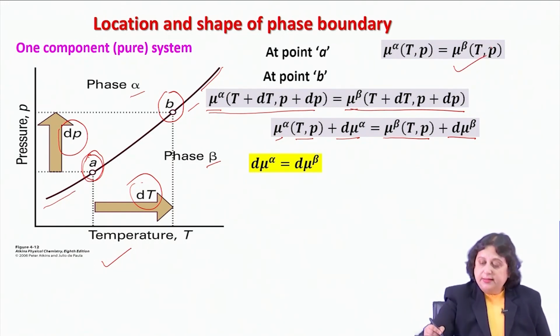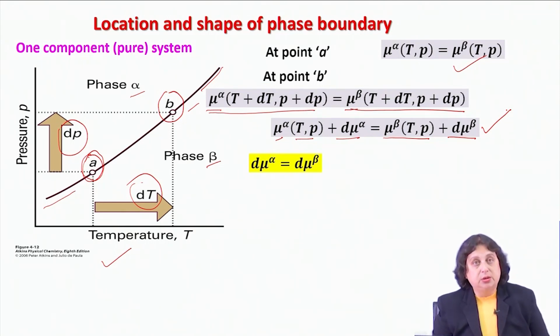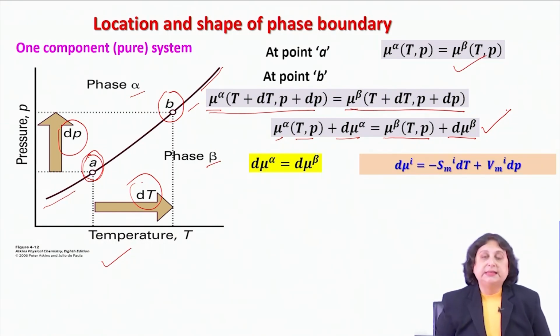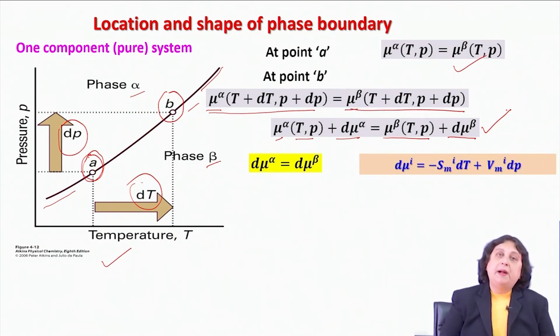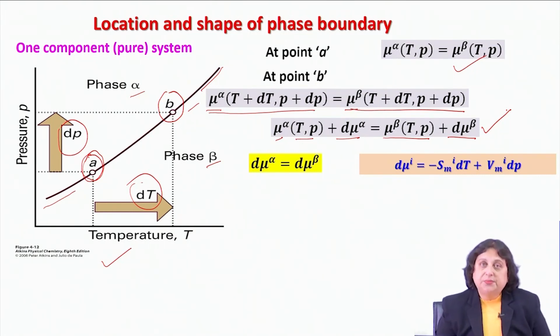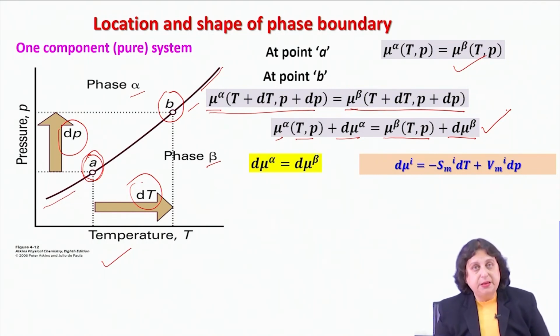So, combining this condition and this condition, I immediately conclude that along the phase boundary, d mu alpha must be equal to d mu beta. This also tells us that I can go back and think about the relationship of d mu with dT and dP.